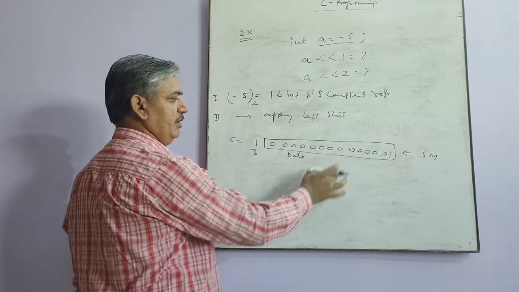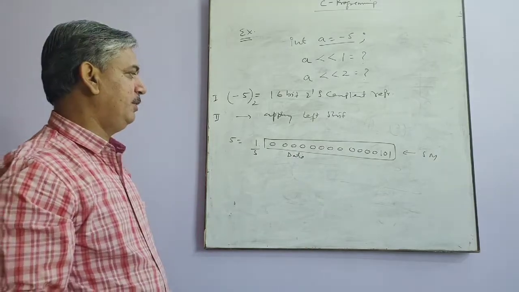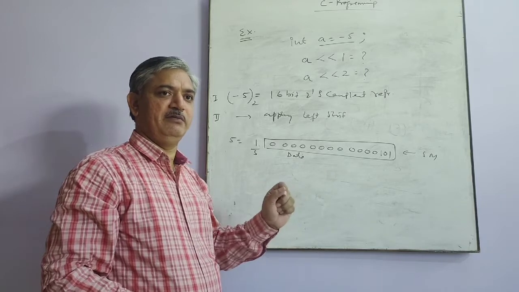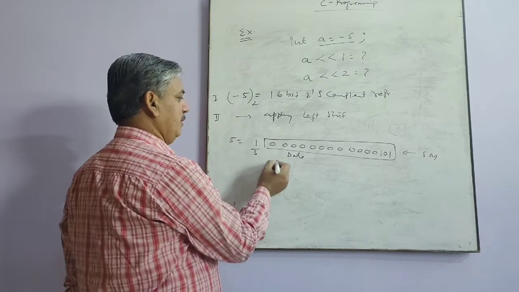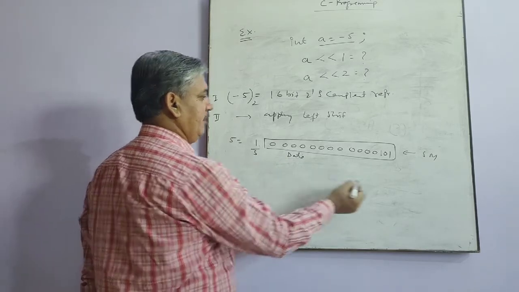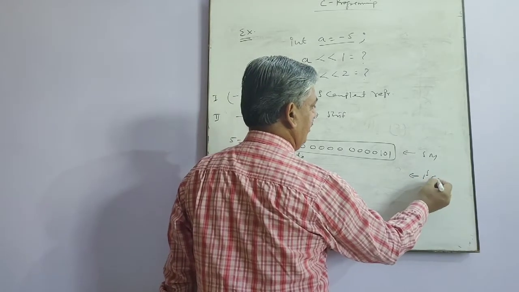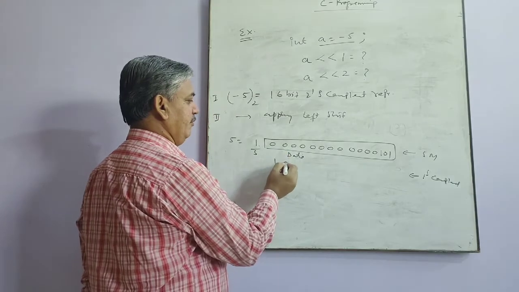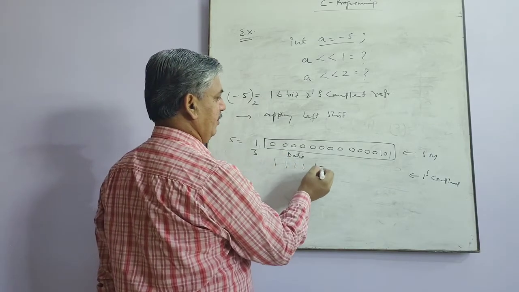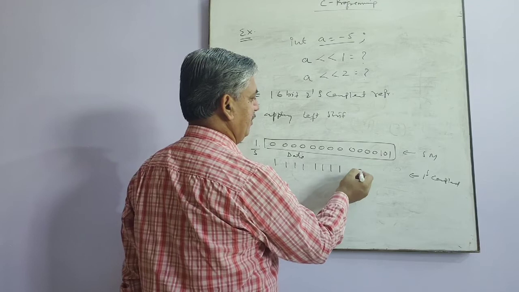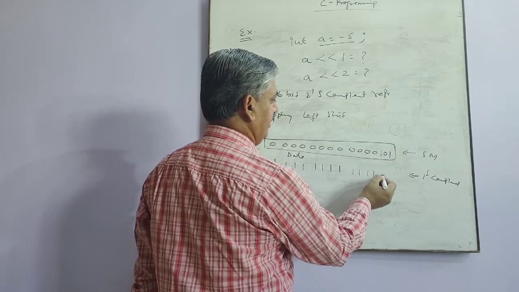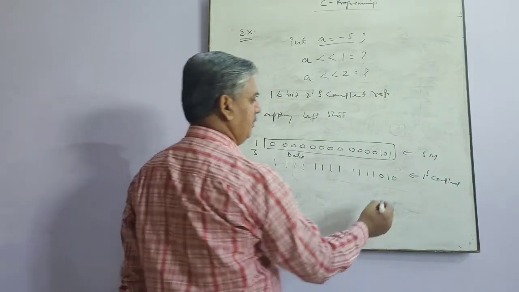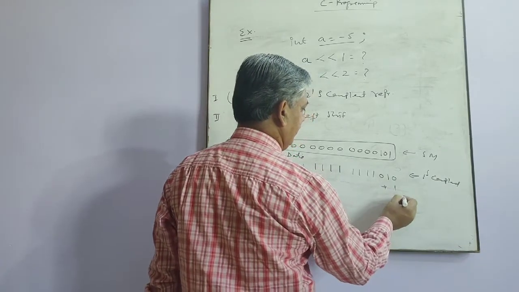So how to convert the data into 2s complement? First convert into 1s complement and then add 1. 1s complement is what? We convert 0 into 1: 1 1 1 1 1 1 1 1 1 1 1 1 and 0 1 0. And 2s complement is what? Add 1 to this one.